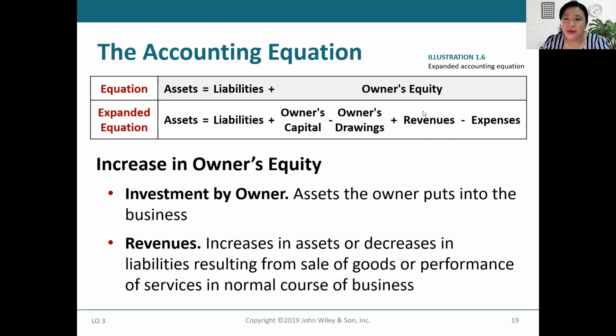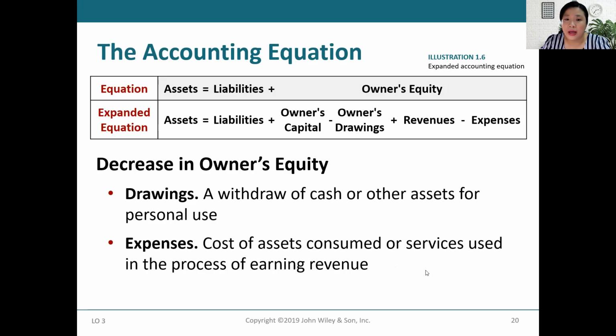So what is revenue again? Revenue means the money that you receive when you sell some products, or earn when you provide a service to the customer. Drawing means we withdraw cash or other assets for personal use.